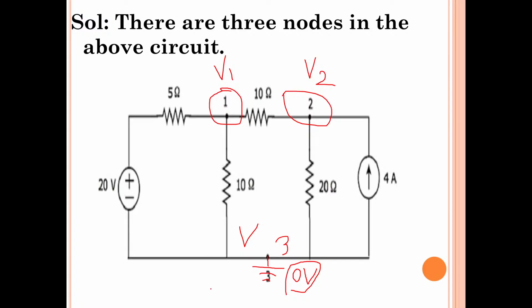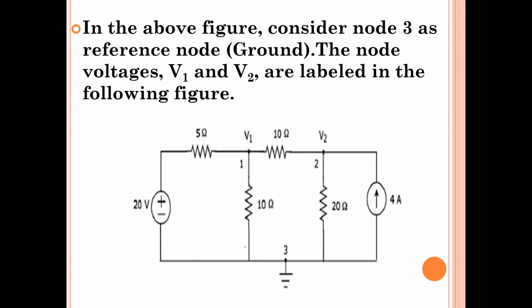Okay, so I hope you people are drawing. Here you mention V1, V2, and you write V3 equal to 0 volts. Write V3 equal to 0 volts.